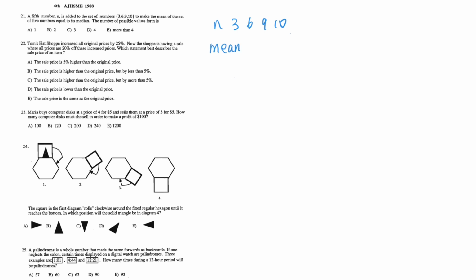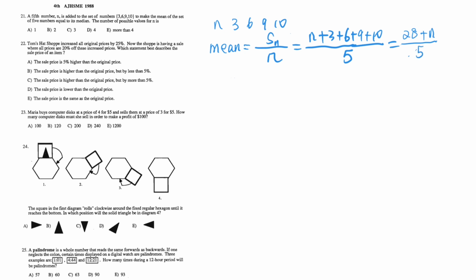The formula of the mean equals the sum of the numbers divided by the number of numbers. The sum is n plus 3 plus 6 plus 9 plus 10 over 5 numbers, which equals 28 plus n over 5.